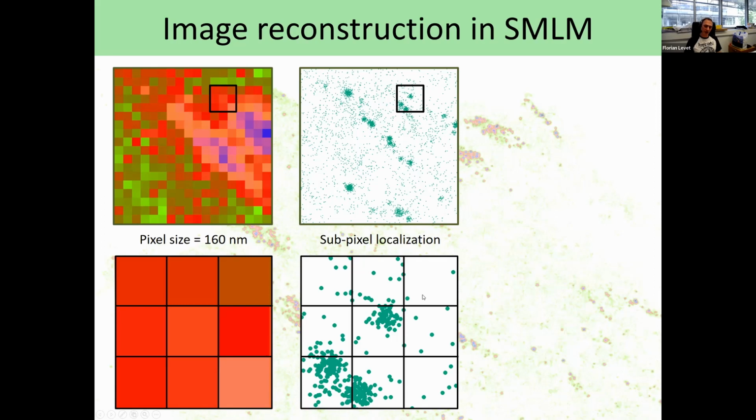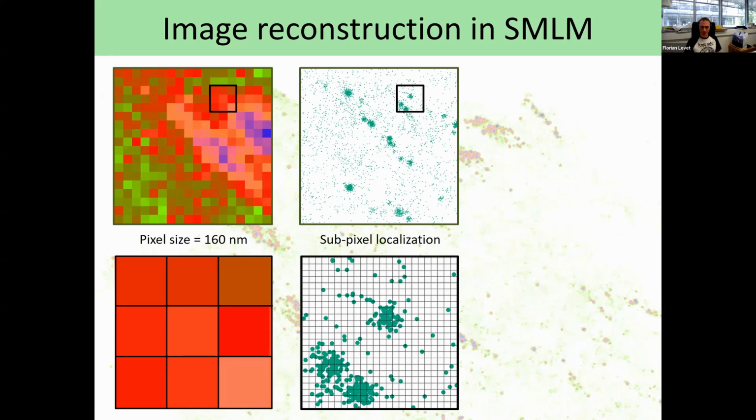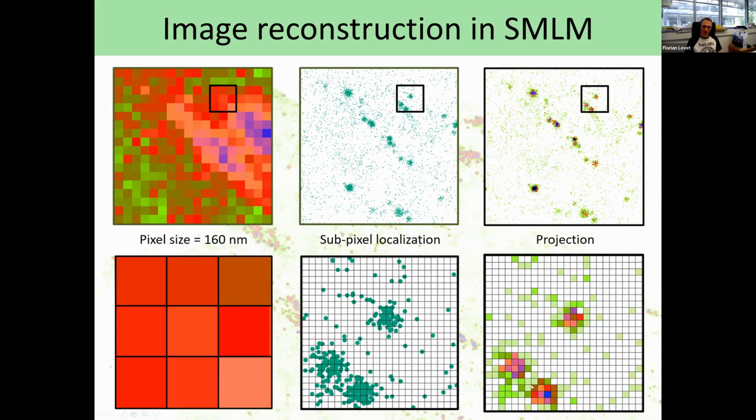So here you can see the original camera pixel size. But what you can do now is define a pixel size that is below this camera pixel size. So for instance, let's say that we are defining a pixel size of 20 nanometers. So now we have this grid, and we can project each localization inside each of these pixels, basically. And now the intensity will be the number of localizations inside each of these super resolved pixels.